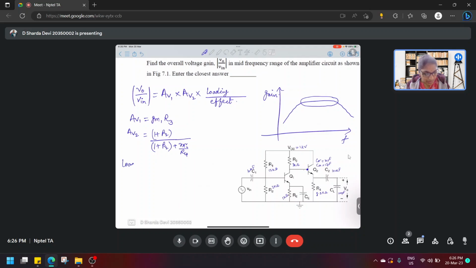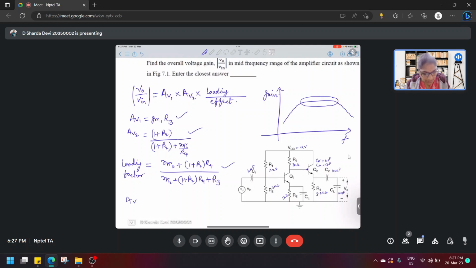So the loading factor will look like R pi 2 plus 1 plus beta 2 into R4 upon R pi 2 plus 1 plus beta 2 into R4 plus R3. This is how we will write the loading factor. Once we calculate all these three values, we'll simply substitute and multiply them.